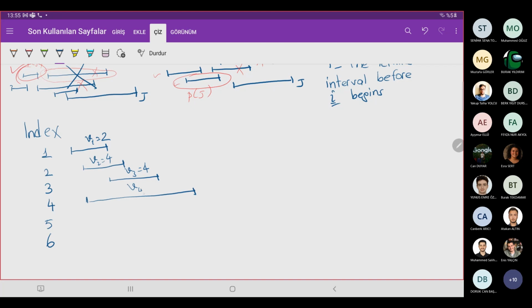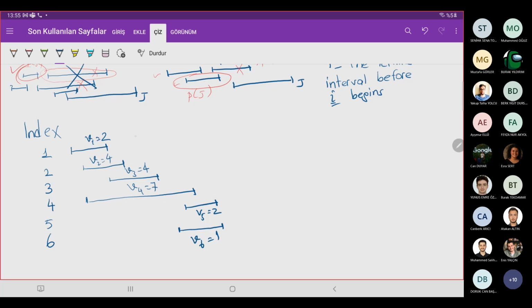Let's say V4 is 7. V5 is 2, and V6 is 1. Okay. For example, let's write the p-values.